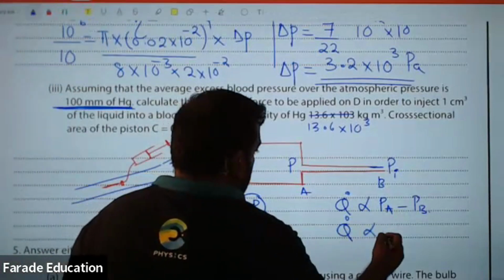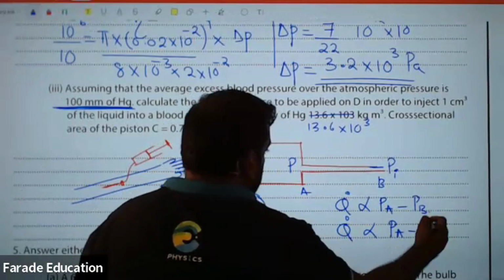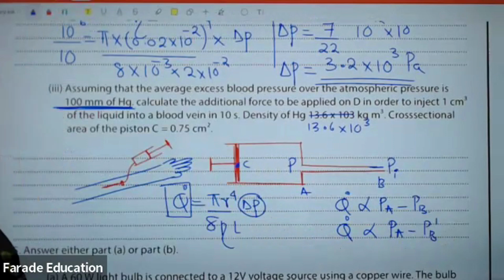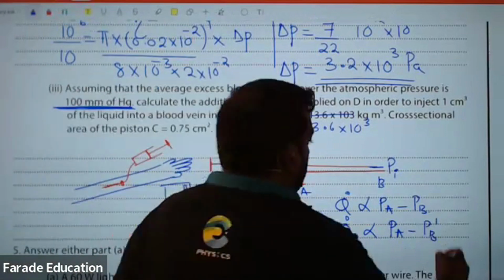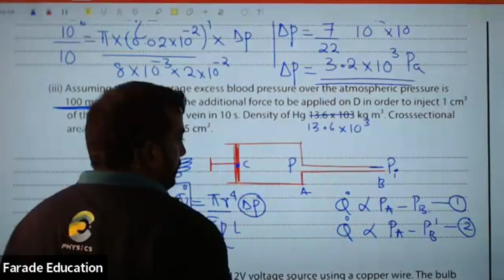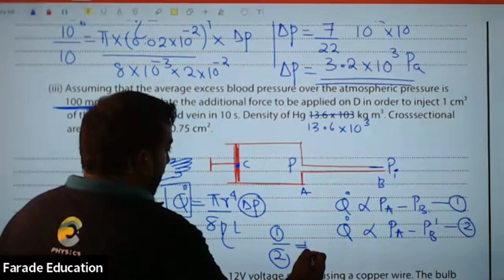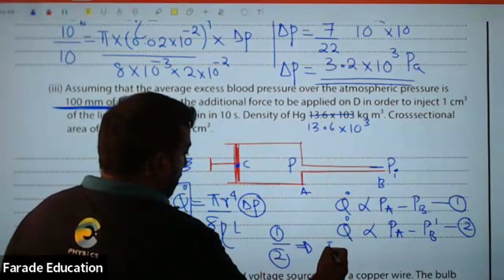In the new situation, pressure A minus the new pressure here, pressure P dash. Same volume flow rate. Can you say about 1 and 2? 1 and 2 are equal. So if you divide 1 and 2, these two will cancel off.